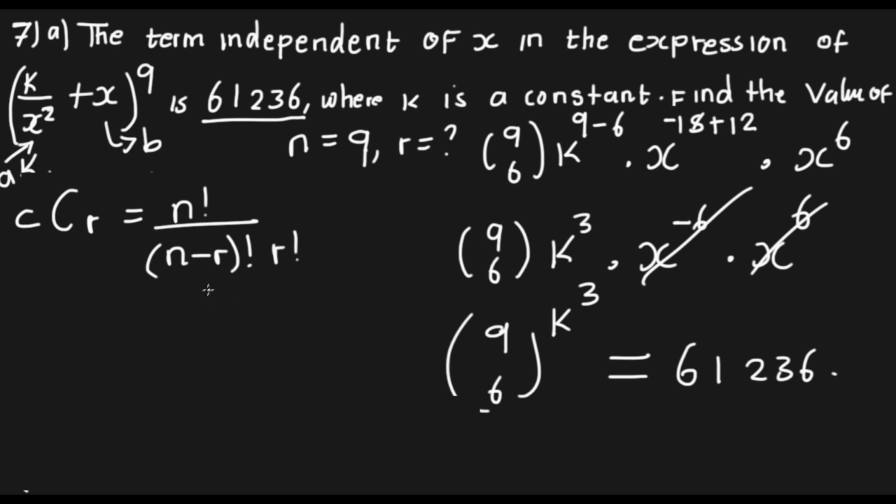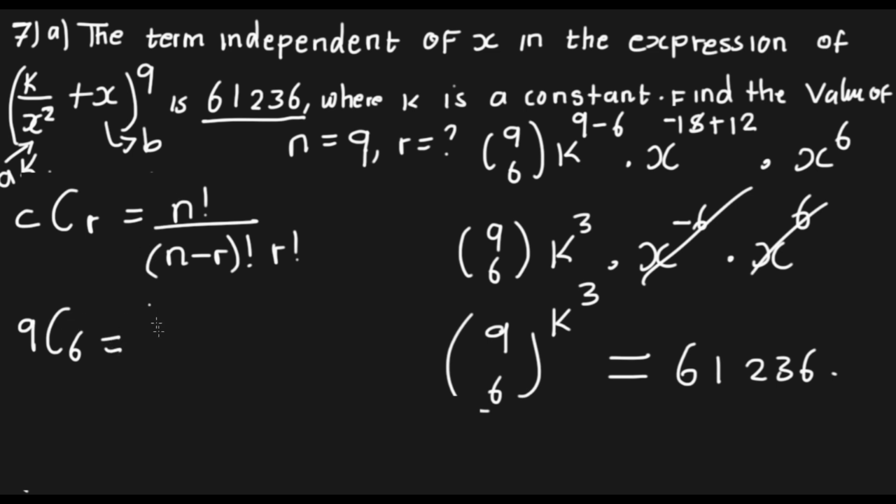So this is the formula that you are supposed to use to find the 9 combining 6. Where there is n, we need to put 9, and here we put our r, which is 6.